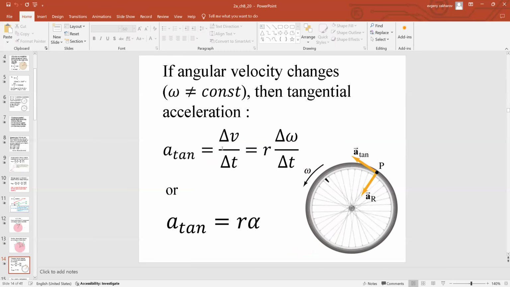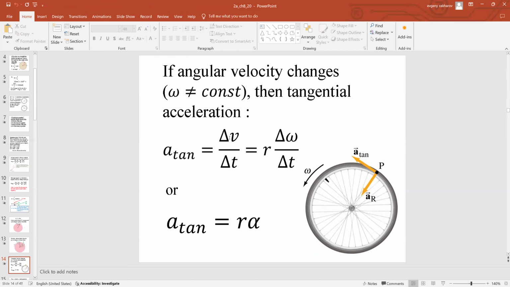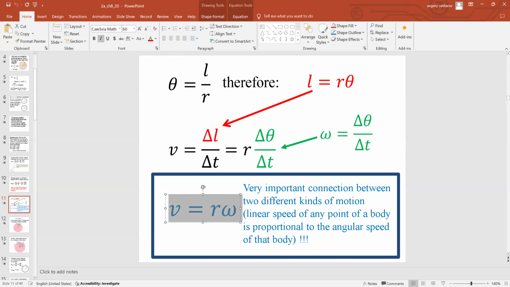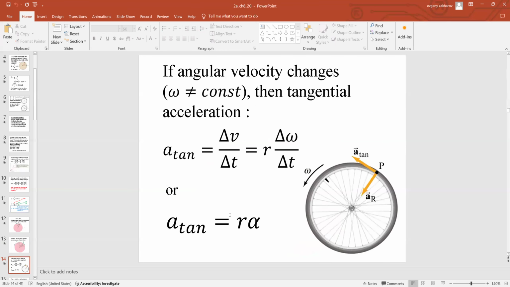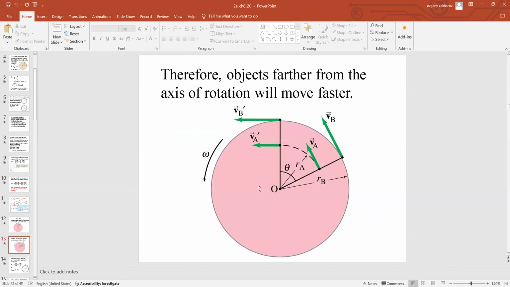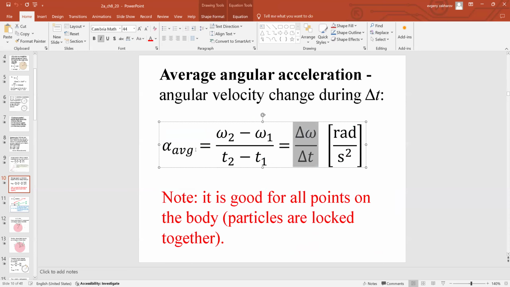So any change in velocity, that's what we call acceleration. And remember that v is now r omega. So because v is r omega, you can use it in your definition for acceleration and replace linear velocity with r omega. And all of a sudden, delta omega over delta t is how we defined angular acceleration.